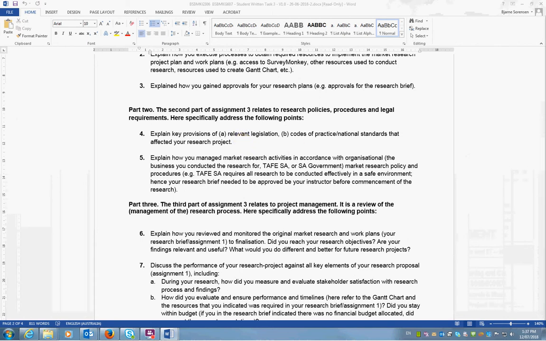Relevant legislation could include a number of things, and you need to do a bit of research here. But you could potentially look at spam regulations or privacy regulations and explain how you followed these codes.